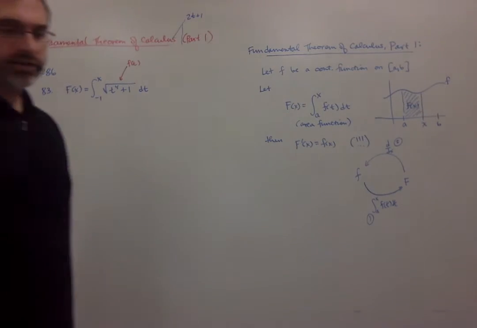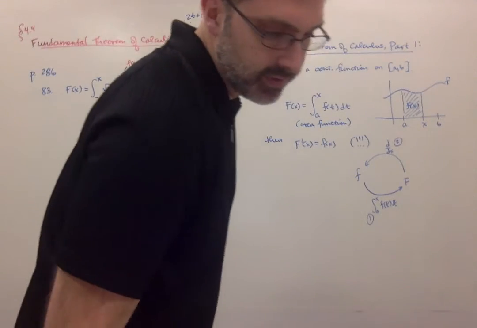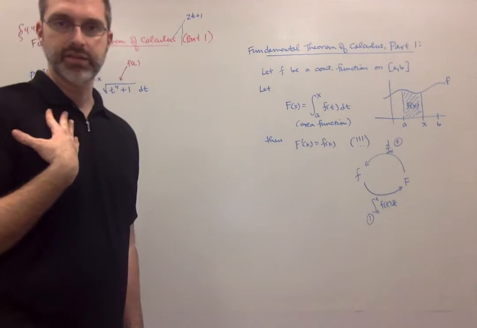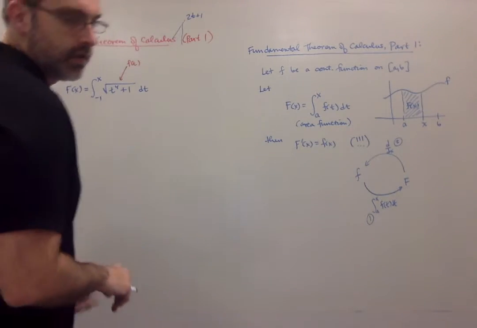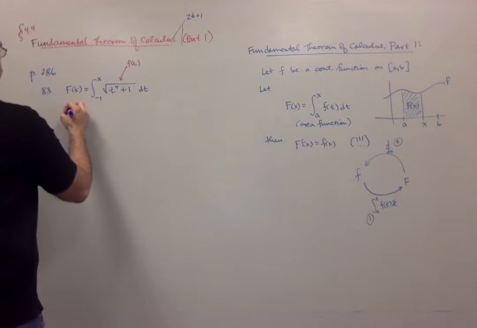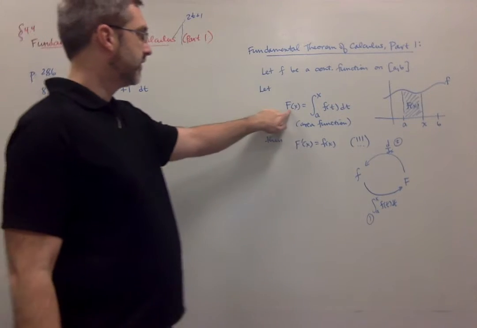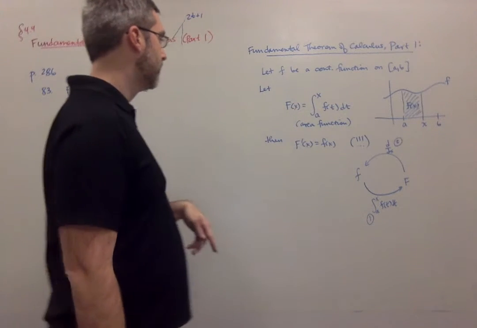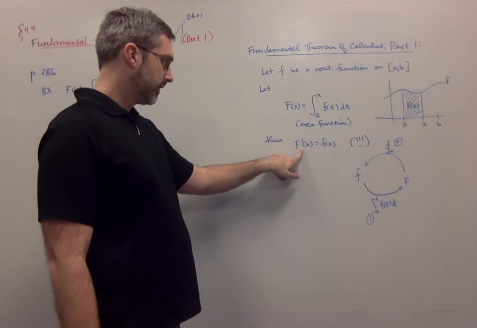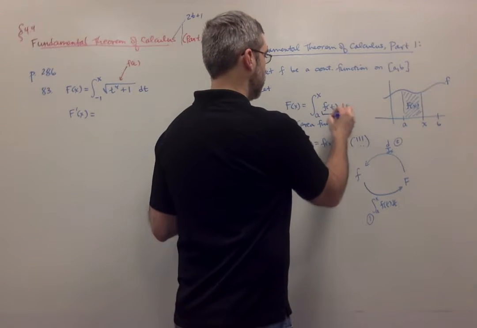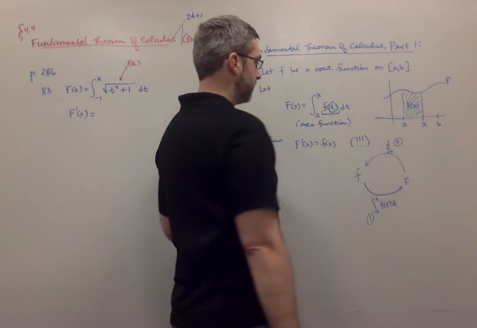What they want you to do in these problems, it says use the second fundamental theorem of calculus, that's FTOC part 1 for me, to find the derivative. What the theorem says is if you have an area set up this way, the derivative is just the inner function with x plugged in instead of t.